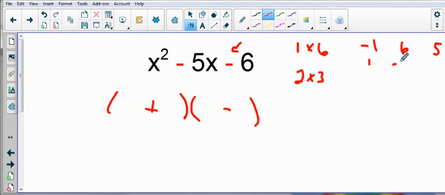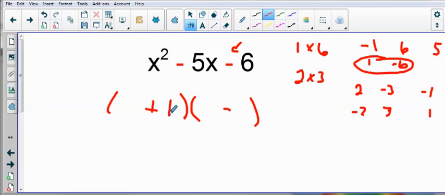But a positive 1 and a negative 6 do combine together to make a negative 5. Of course, a positive 2 and a negative 3 combine together to make a negative 1, and a negative 2 and a positive 3 combine together to make a positive 1. The only ones that combine together to make a negative 5 are a positive 1 and a negative 6. So the positive 1 has to go here, and the negative 6 has to go here. And again, you should check them.